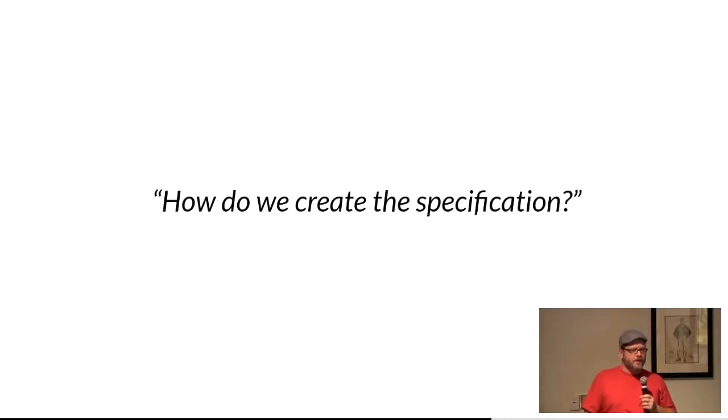So how do we go about creating the specification? There are two different ways you can go about this. If you already have an API, there are language or framework-specific tools to introspect the code and develop the specification for you. There are a couple of proxy tools that will actually read the requests and responses and develop the spec for you.